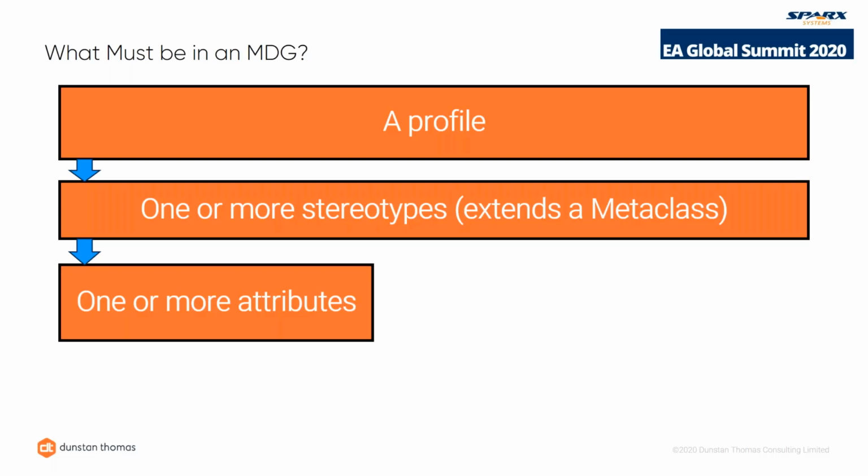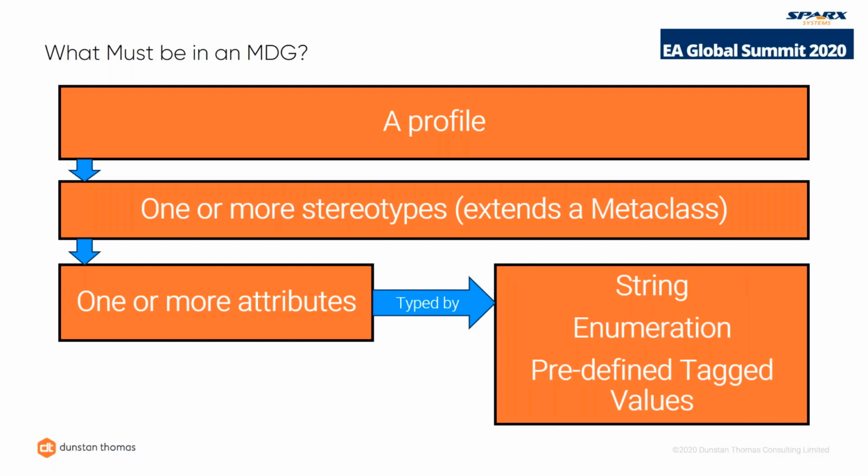These stereotypes have one or more attributes. Now, some of these attributes are added automatically by the system, the MDG itself, under your control, of course. You put values in them, and others will simulate the tag values that will eventually end up in your stereotype.